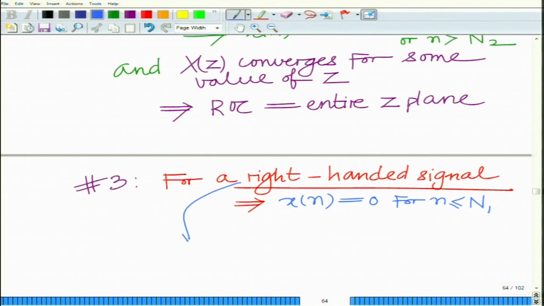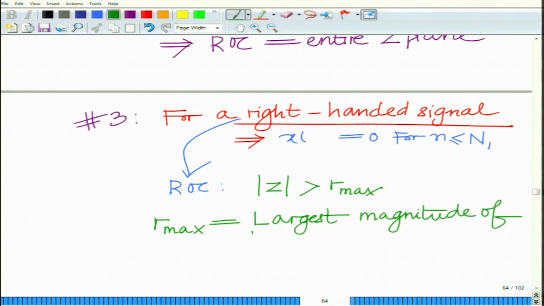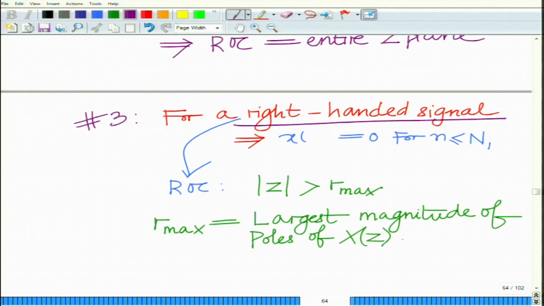Now, this implies for a right handed signal ROC is of the form magnitude of z greater than R max, where R max is the largest magnitude of the poles of X(z). So, if it is a right handed signal, then the ROC has to be of the form magnitude of z greater than R max.